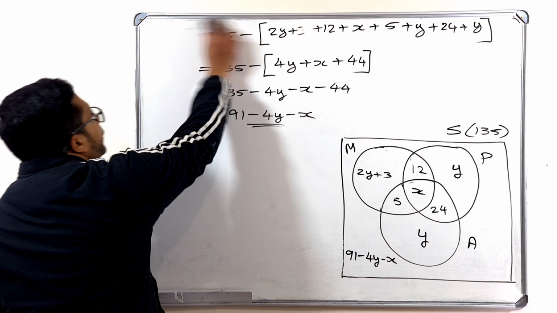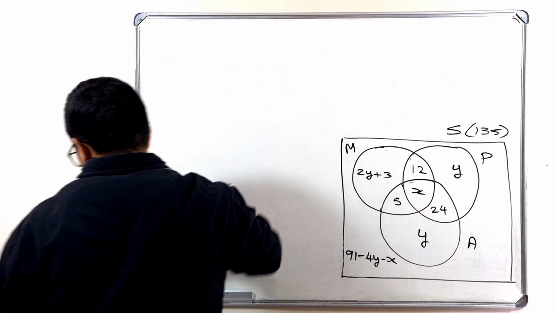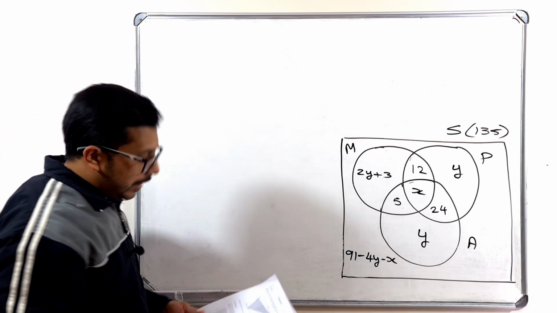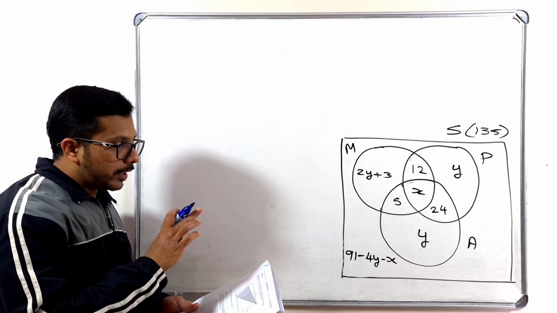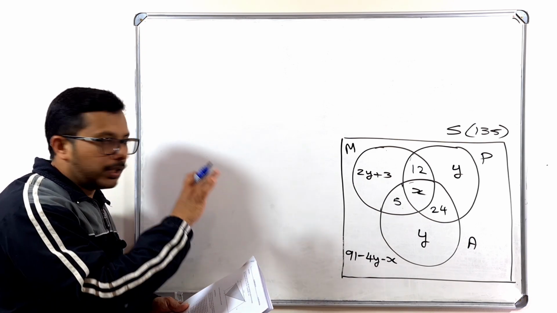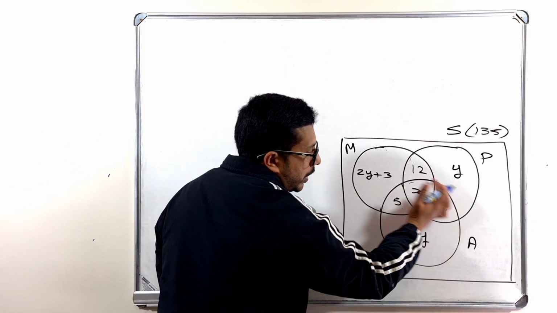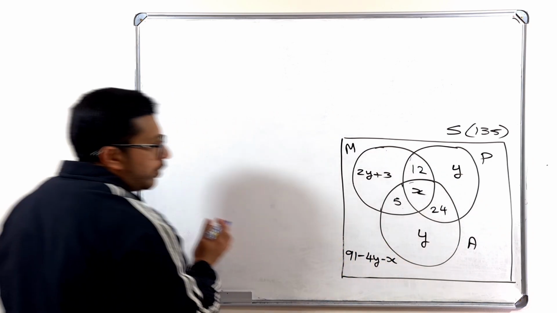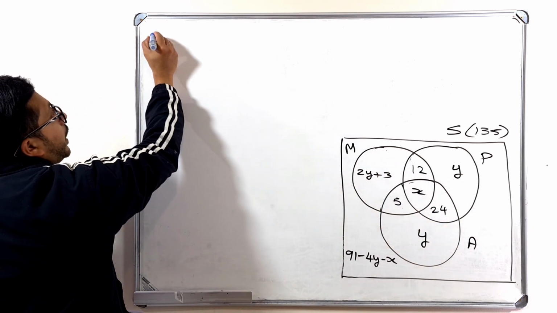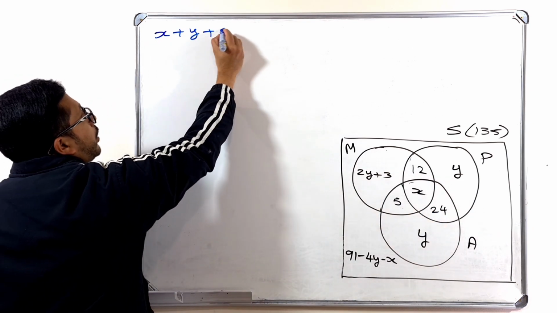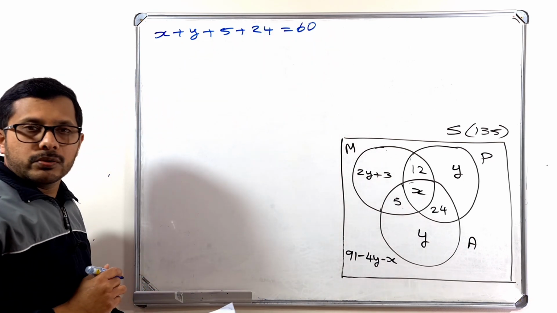So let's see. What is the second last bullet? 60 learners take accounting. I already explained that one, but we didn't write it anywhere. 60 learners taking accounting means the sum of the numbers in this accounting circle is 60. So the accounting circle means x plus y plus 5 plus 24, and it is given that the total number of accounting students is 60.